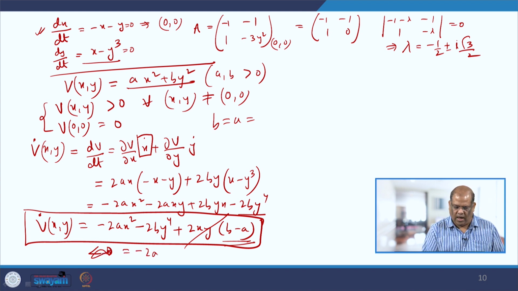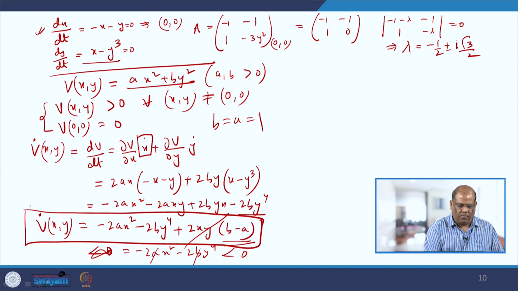minus 2a x square minus 2b y to the power 4, which is always less than 0 for a equal to b, and say I put 1. So, in this case it is minus 2x square minus 2y to the power 4, which is always less than 0 for non-zero x and y.